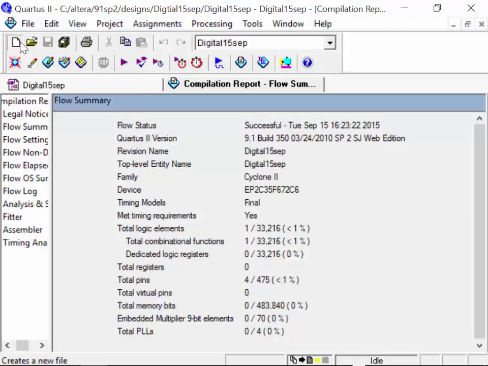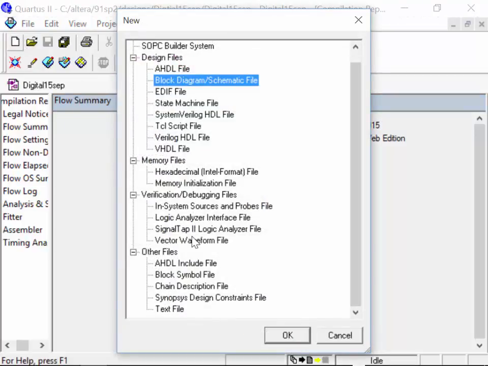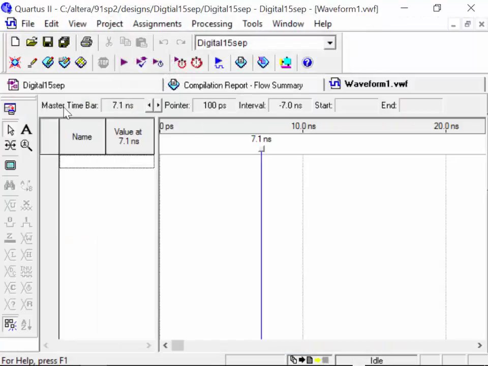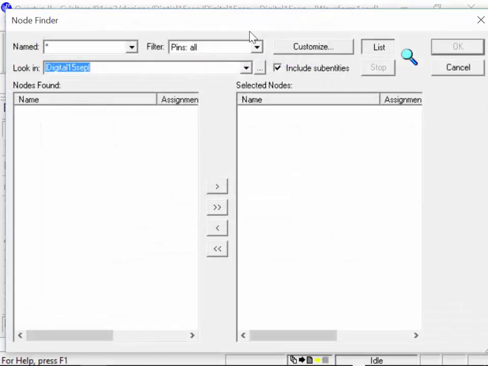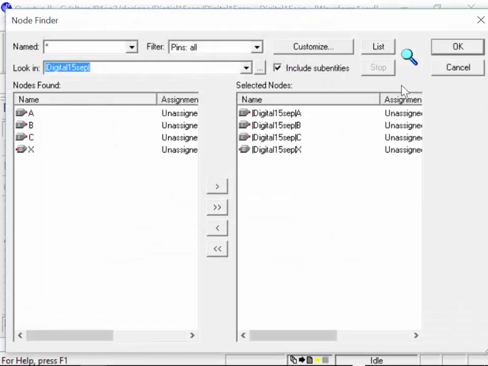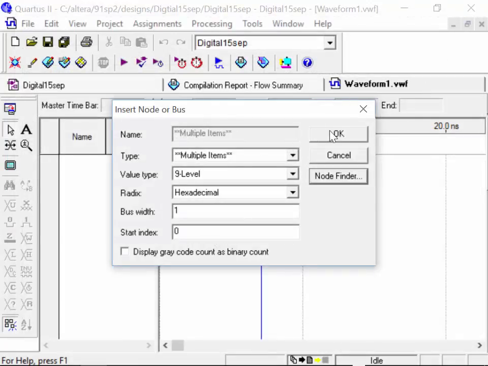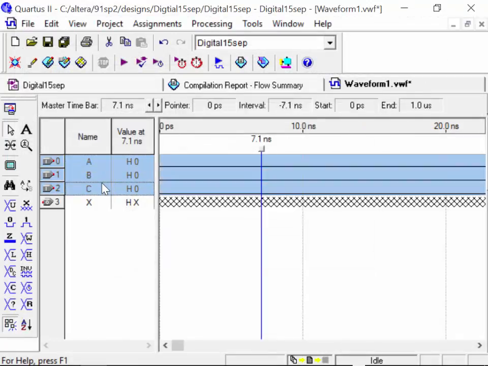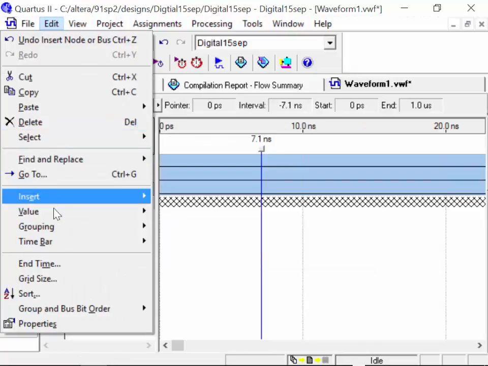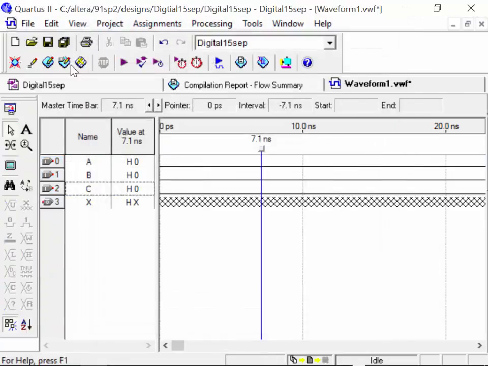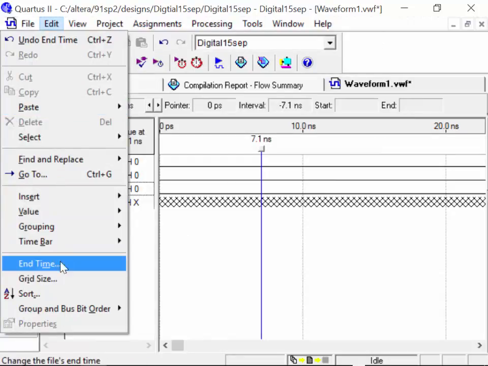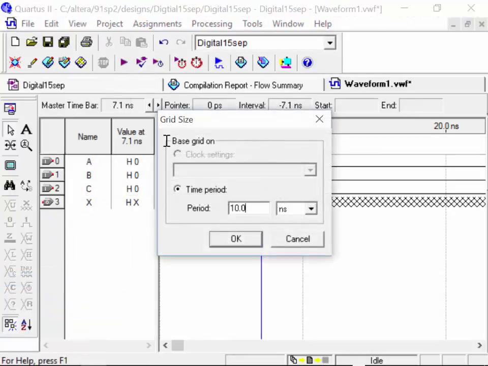So let's go ahead and do this. I have to do a few things here, and again, just ignore what I'm doing because I will explain it to you later.